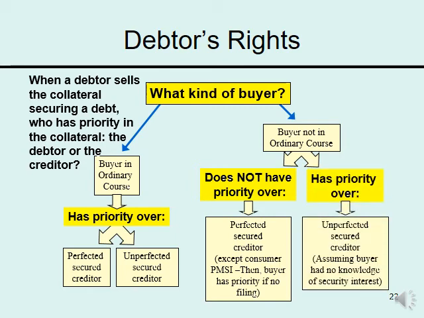So a buyer not in the ordinary course of business does not have priority over perfected secured creditors, except for a PMSI and consumer good when there's no financing statement filed. The buyer not in the ordinary course of business does have priority over unperfected secured creditors, assuming the buyer did not know about the security interests.